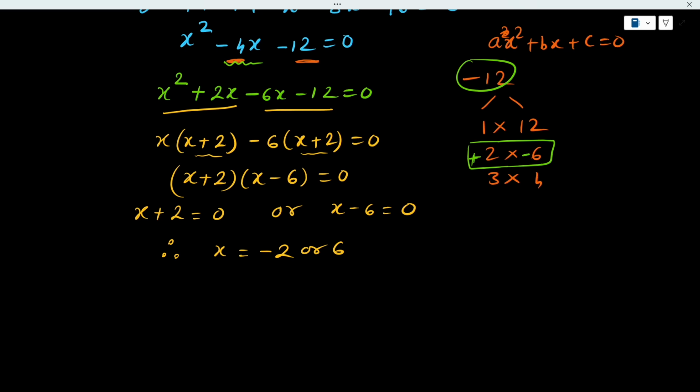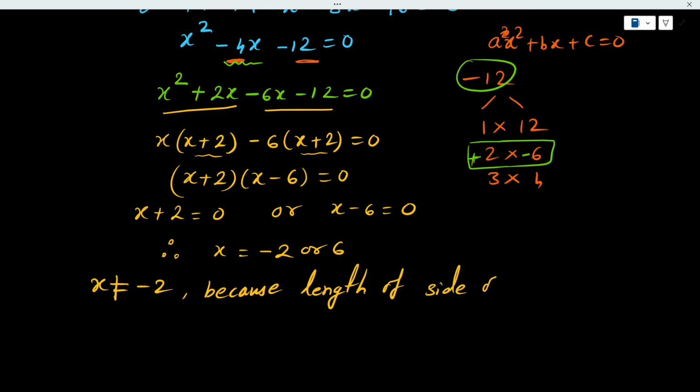So you need to mention here that x cannot be equal to minus 2, since it is the length of a side of a triangle, and the length of a side of a triangle cannot be negative, right? You need to mention why you cannot consider this value.